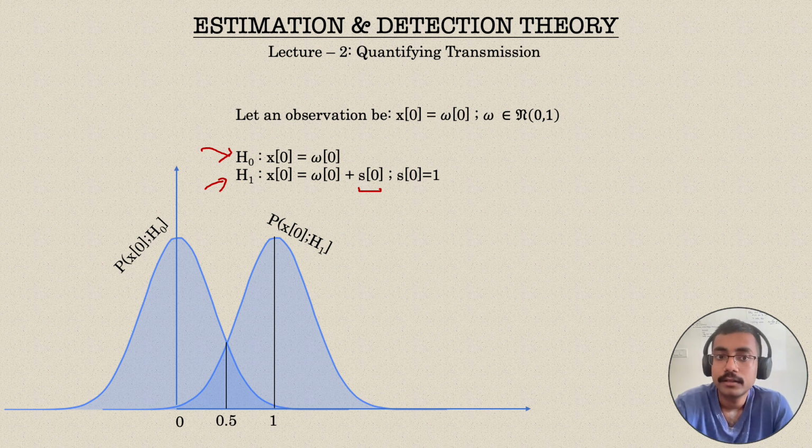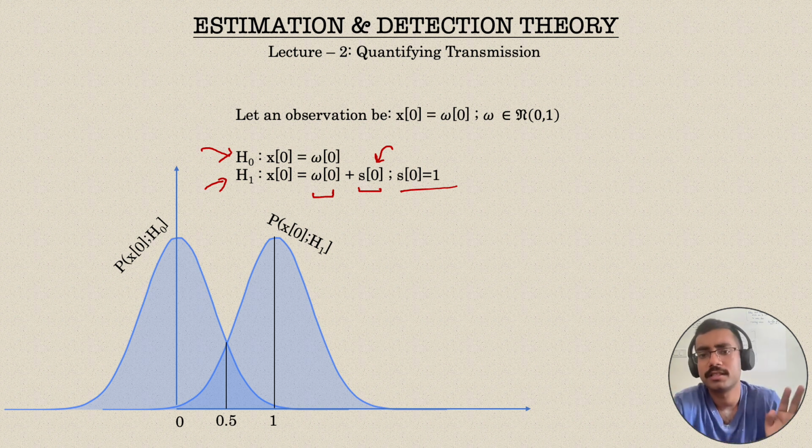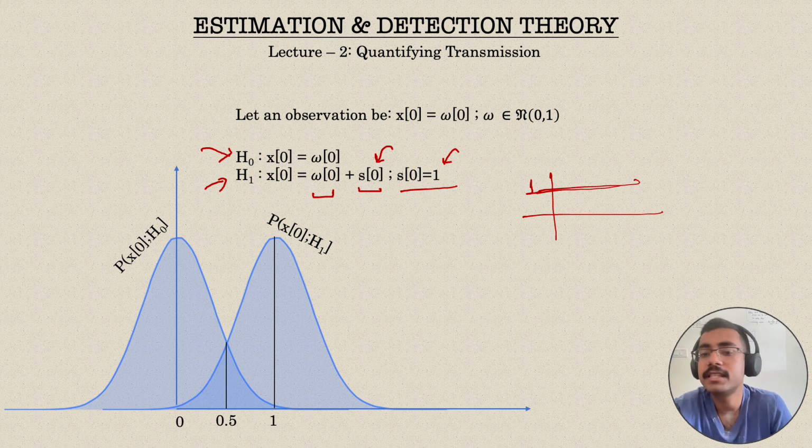So here is our hypothesis H1, given by the noise, and the signal is also sent along with it. Now the signal is a simple DC signal. It can be voltage, it can be current, it can be anything we are observing, it does not matter, but its amplitude is 1. That means we have a DC signal of amplitude 1.